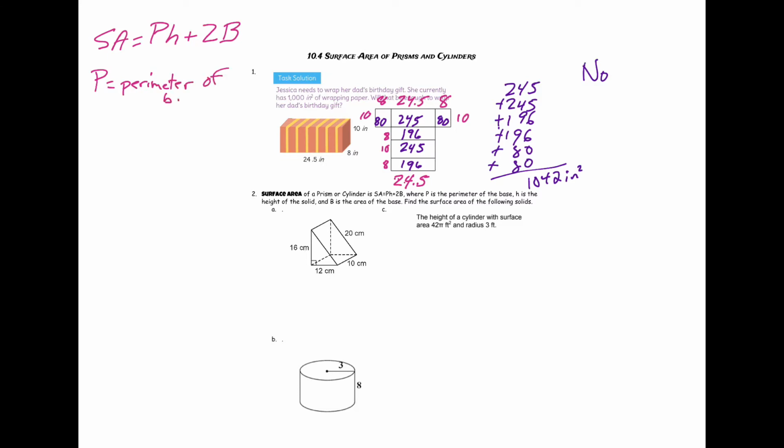Perimeter of base. H is the height of the prism or cylinder, so the solid that we're talking about. And the capital B, just like in volume, is the area of the base.